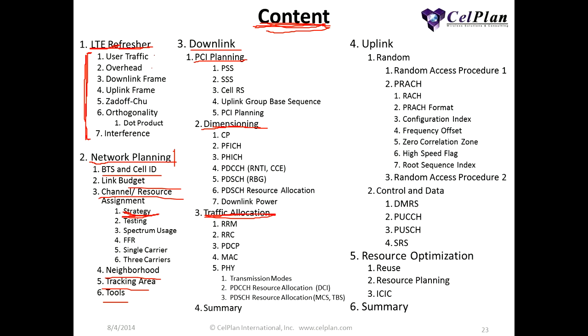Then we will speak a little bit about traffic allocation, and then we will go to the uplink. Downlink will be first, followed by uplink, and you will see that there are very complex things like random access, which is really something that you need to understand.